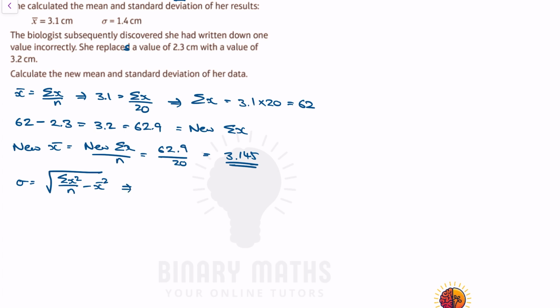Which implies if I want to make sum of x squared the subject of the formula, sum of x squared will be equal to sigma squared plus x bar squared times by n. Which means sum of x squared will be equal to sigma squared, which is 1.4 squared, plus the original x bar, which is 3.1 squared, times by n, which is 20.